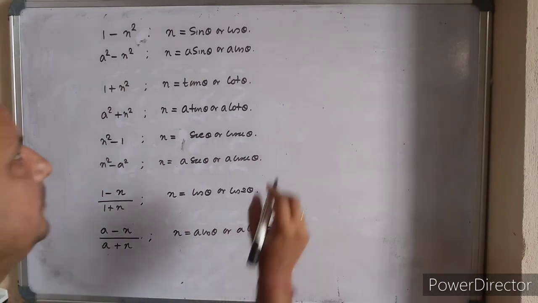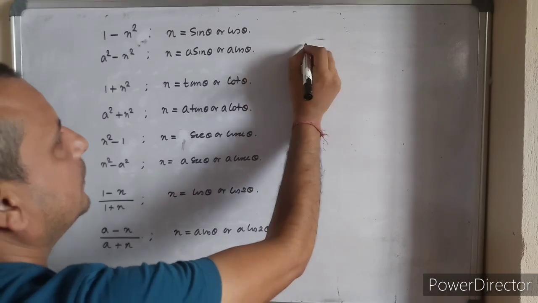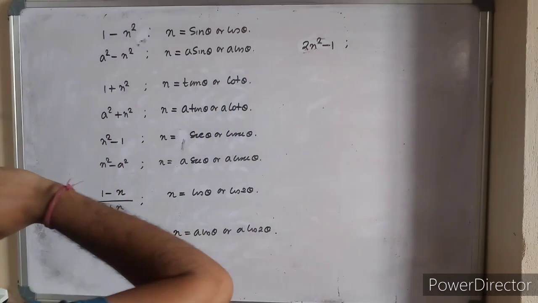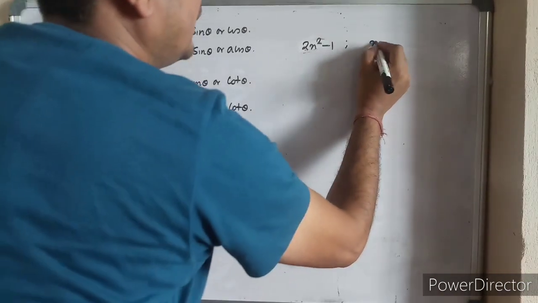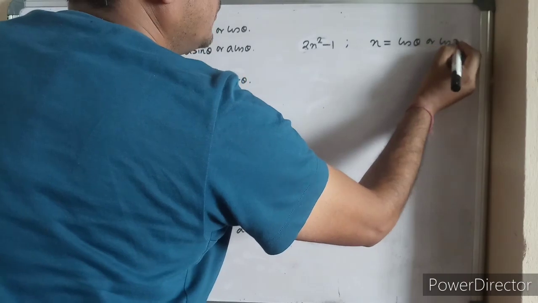And some other forms. Suppose the question is in terms of 2x square minus 1. Then you have to consider x equals cos theta or cos 2 theta.